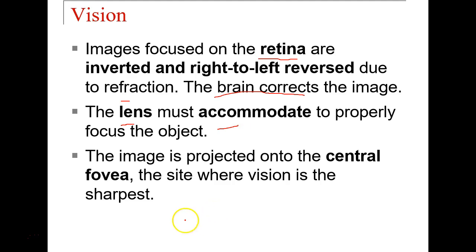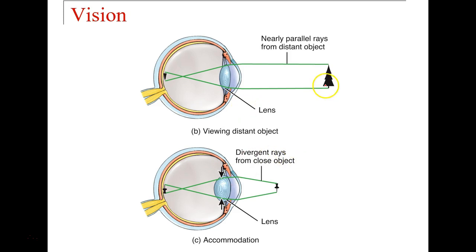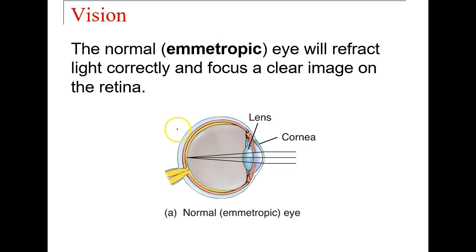Image is projected to that central fovea or the fovea centralis, where we have our most acute vision. This is a picture of how an image will pass through the cornea and the lens and be reversed and inverted.